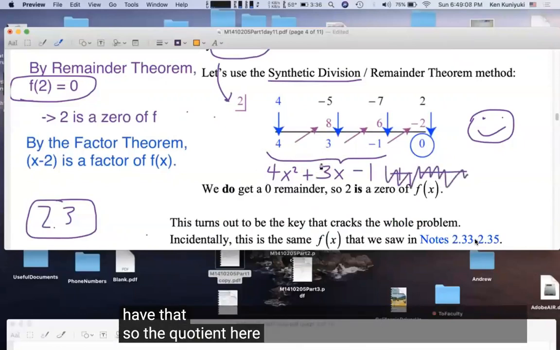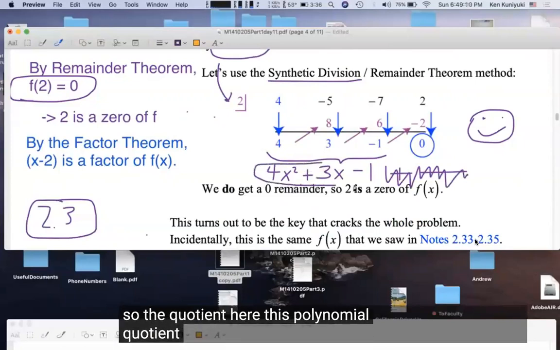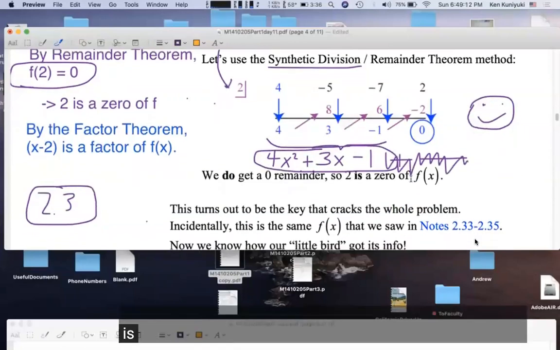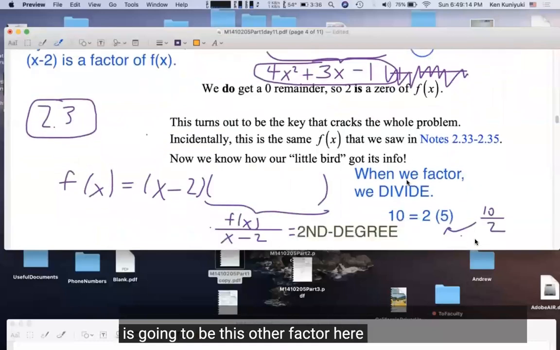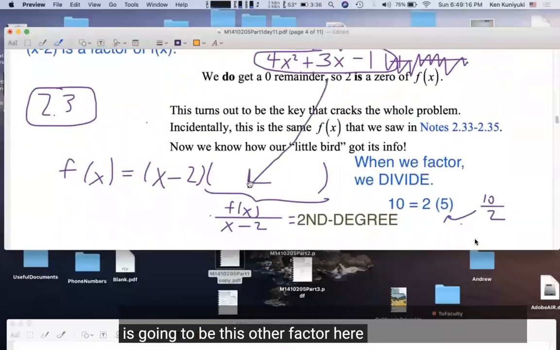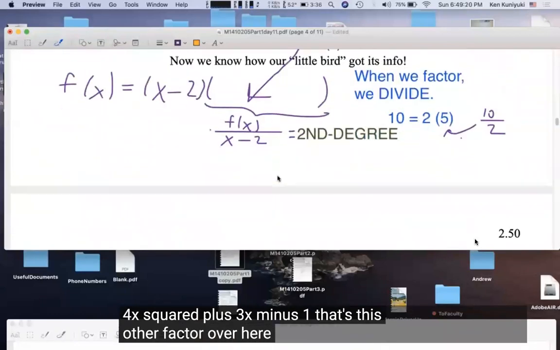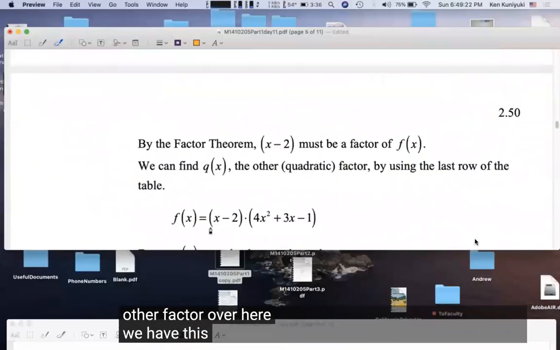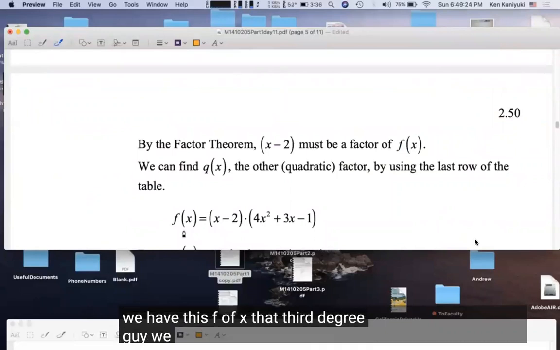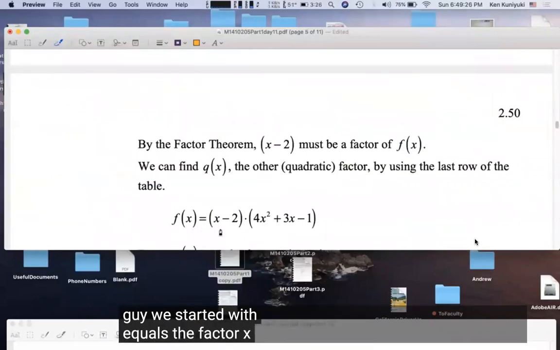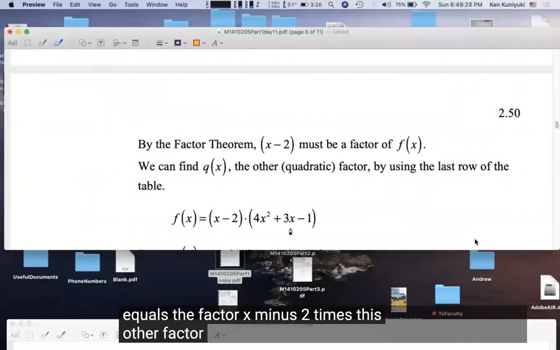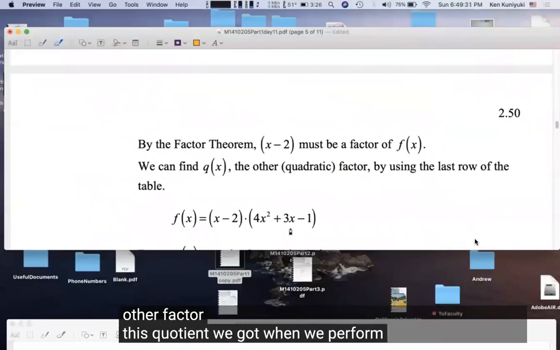So the quotient here, this polynomial quotient, is going to be this other factor here. 4x squared plus 3x minus 1, that's this other factor over here. We have this. F of x, that third degree guy we started with, equals the factor x minus 2 times this other factor, this quotient we got when we performed synthetic division.